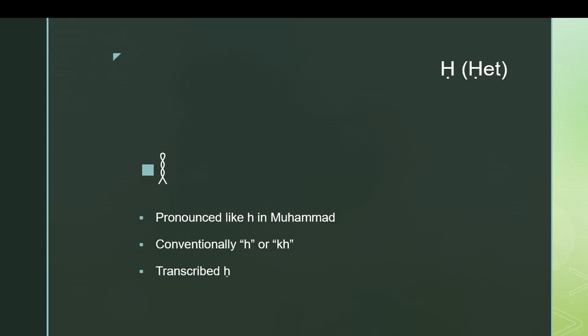Conventionally, it's pronounced either like an H or like a KH sound, which is a velar fricative, and it's transcribed with an H with a dot. And yeah, this one is probably one of the most mispronounced because we know the pronunciation and simply can't do it. So do not feel bad if you yourself cannot do it, as I myself cannot.